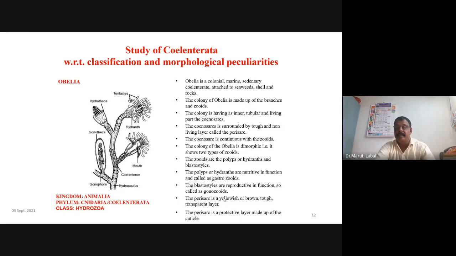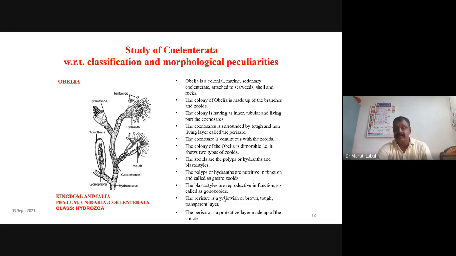The colony of Obelia is dimorphic, which means it shows two types of zooids. The zooids are the polyps, also called hydranths, and the blastostyles. The polyps or hydranths are nutritive in function, so they are called gastrozoids.